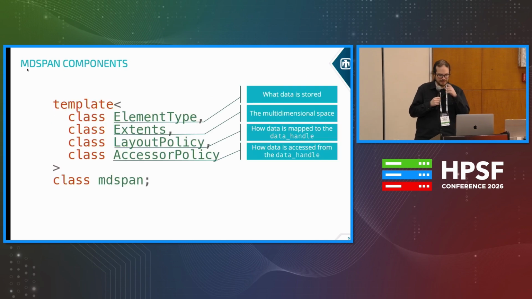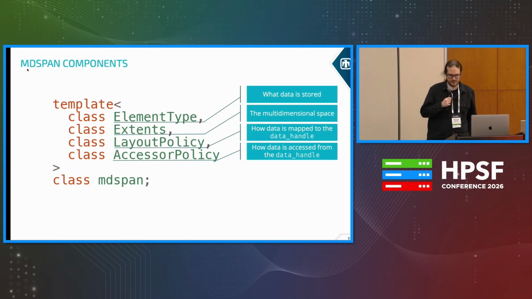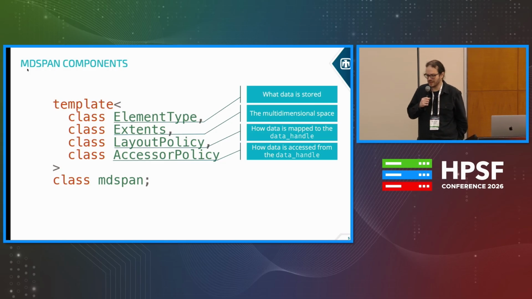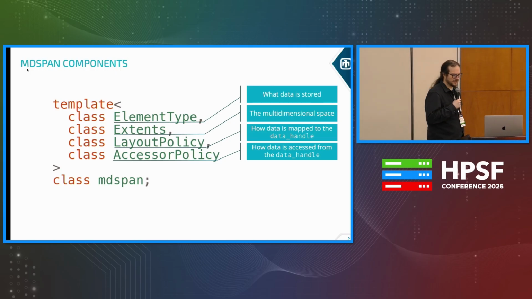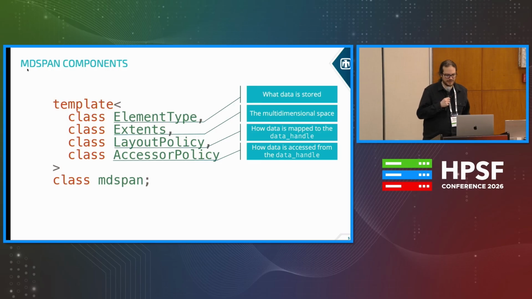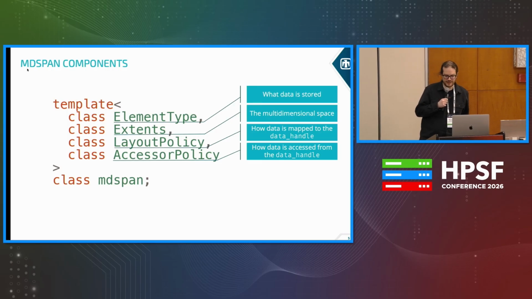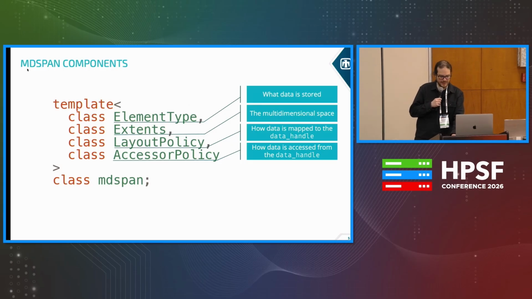So there are 4 template parameters for mdspan, and they're the way that you configure the customizability of the mdspan and how you want to represent your data. So the first one is pretty easy. It's the element type. Then we have the extents, which is the multidimensional space that mdspan covers. Then we have the layout, which is how data is laid out in memory, and then the accessor policy, how you access the data.